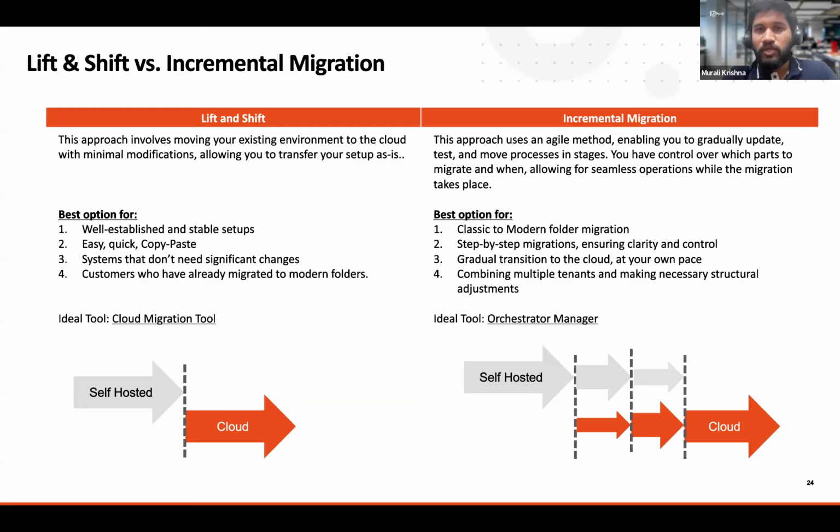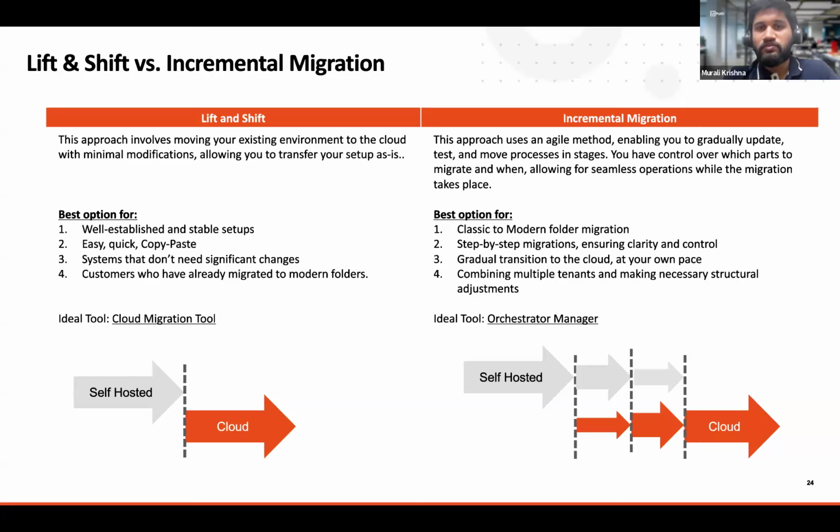And since it is a step-by-step migration, customers will have clarity and control on what they are doing instead of doing all the data at a time. So it is a gradual transition to the cloud at their own pace. Entities can be migrated not all at a time.